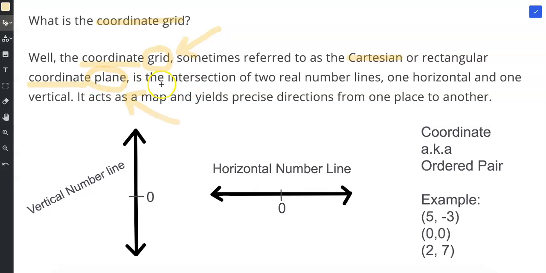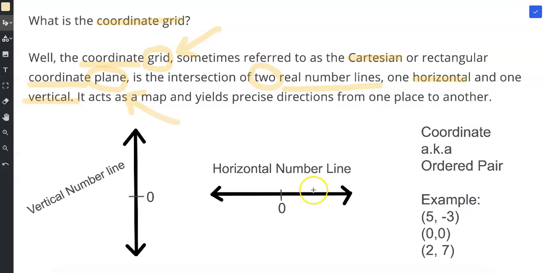Okay, so the coordinate plane is the intersection of two real number lines, one horizontal and one vertical. It acts as a map and yields precise directions from one place to another. So take a look at this vertical number line and this horizontal number line.